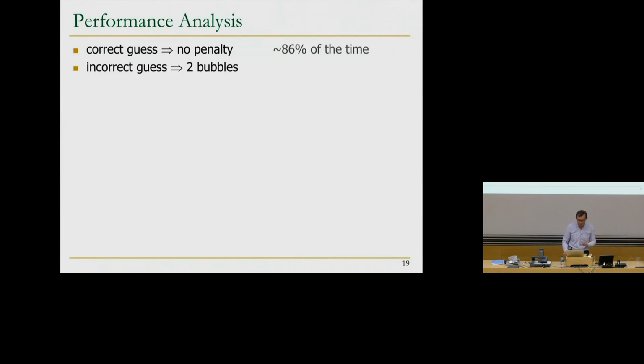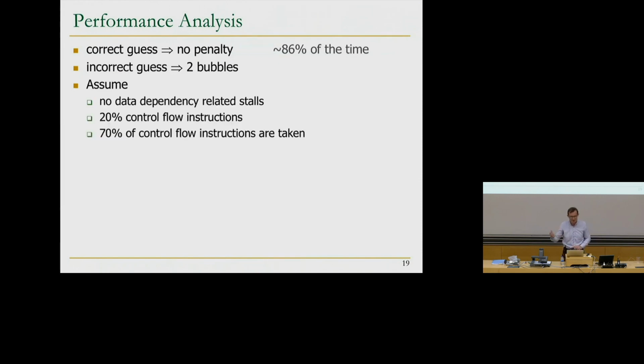I'm going to go through this very quickly because I've already motivated this, but I'm going to use this to make another point. So assume that there are no dependency-related stalls, and you have 20% control flow instructions, and 70% of control flow instructions are taken. This means that your CPI, cycles per instruction, is 1 in the regular case to finish all instructions, but you have some penalty. The penalty comes from the mispredicted branches. So 20% of the time you have control flow instructions, and 70% are taken.